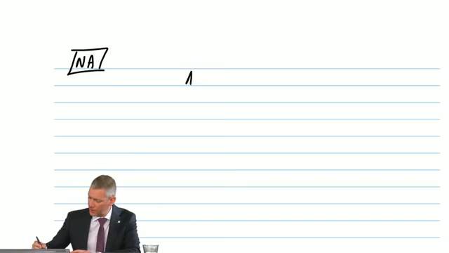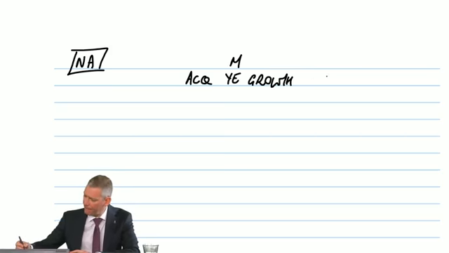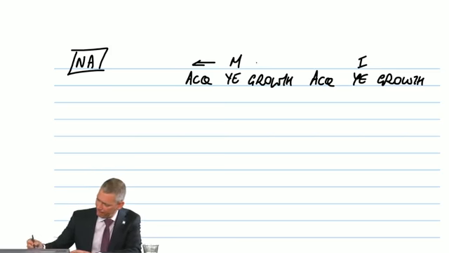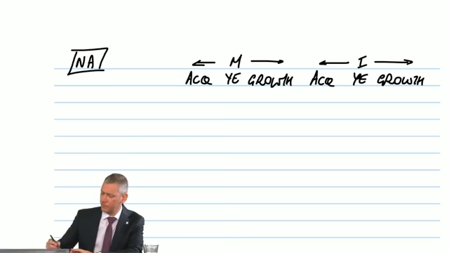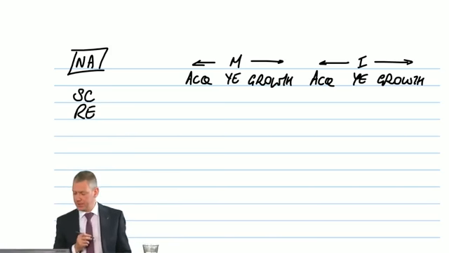We're going to measure at acquisition, at year end, and thereby get the growth. For the first subsidiary, M, at acquisition and at year end, and thereby get the growth. For the second subsidiary, I. And we're going to do this by measuring the share capital and the retained earnings at the appropriate measurement points.